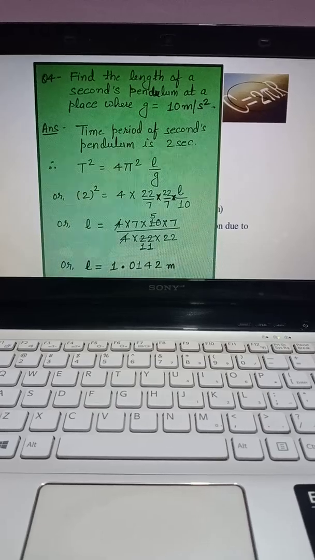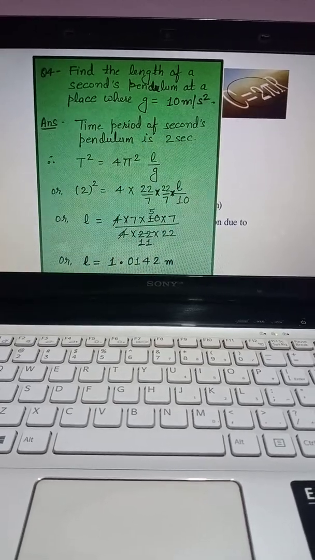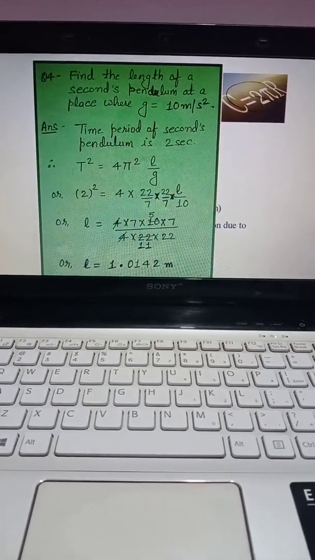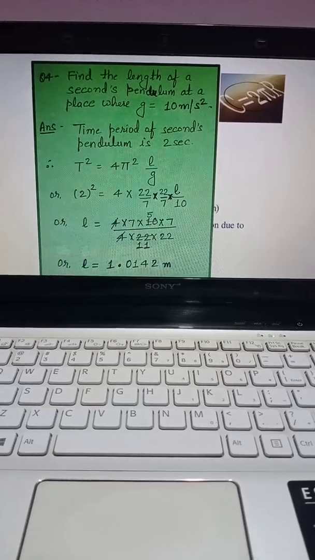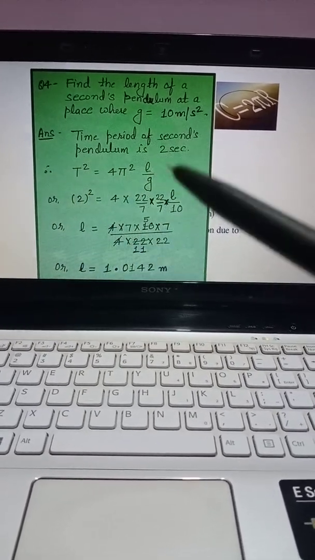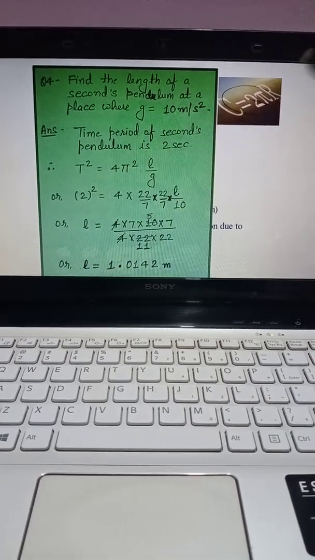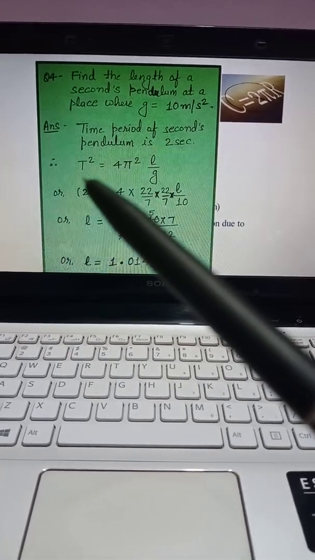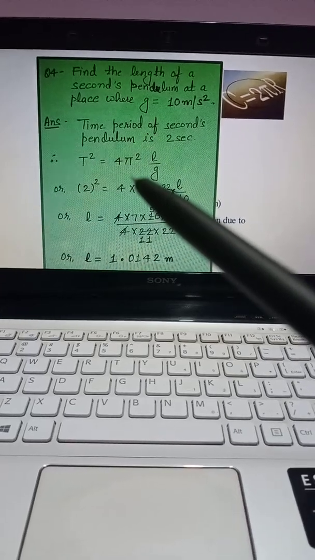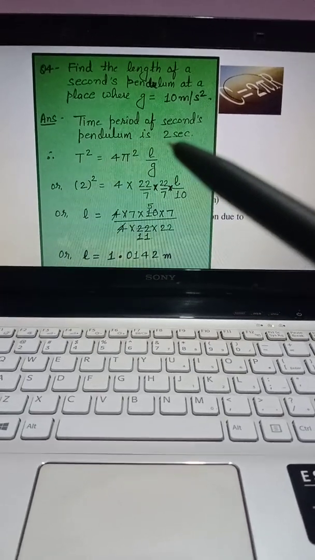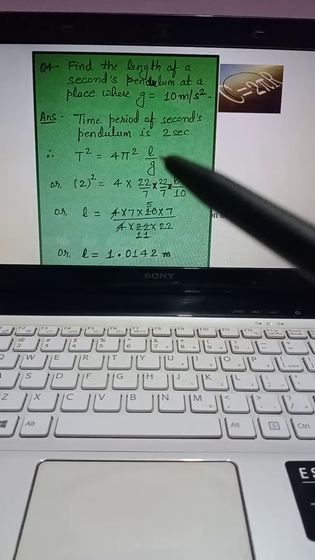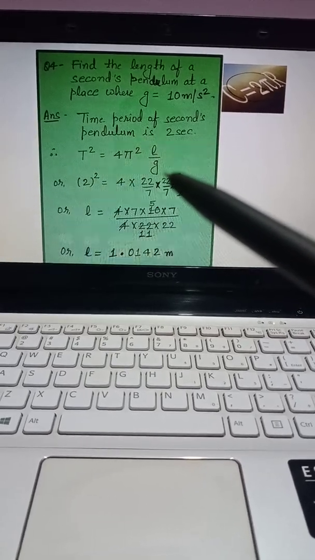We know that the time period of a second pendulum is 2 seconds. Therefore, again we are going to use the formula to find the length of the second pendulum: T square is equal to 4 pi square L by g, where L is the length of the simple pendulum, g is acceleration due to gravity of that place.